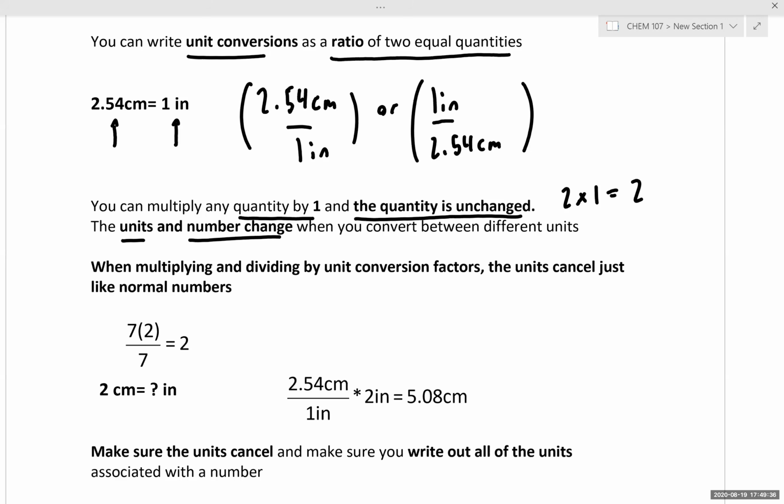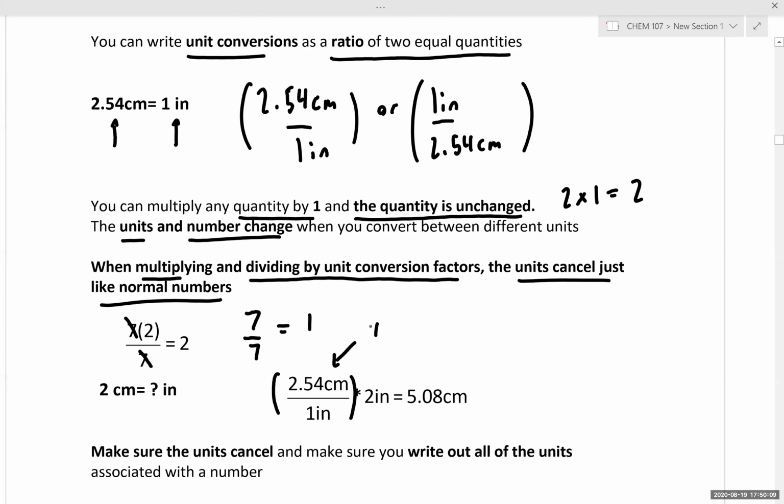Okay. So when multiplying and dividing by unit conversion factors, the units will cancel just like normal numbers, right? So if we have 7 times 2 over 7, we can cancel the 7 on top and the 7 on bottom, right? Because we know that 7 divided by 7 gives us 1, right? Likewise, if we wanted to convert from centimeters to inches, we take 2 inches and we multiply it by our conversion factor.